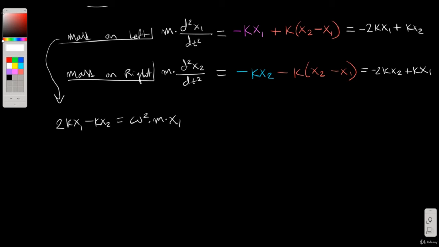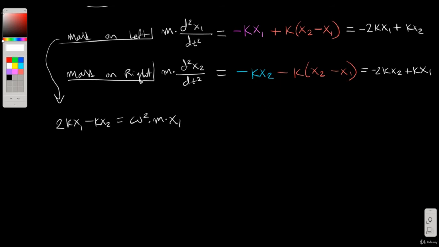And you can look at the previous videos to know where I got this from. We know that this particular relationship here is true. Omega here is our oscillation, effectively. This ultimately ends up being our angular frequency. And so this tells us how many times these masses oscillate per second.